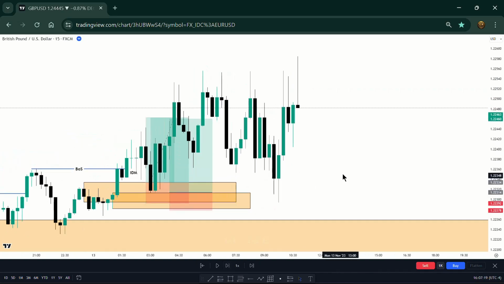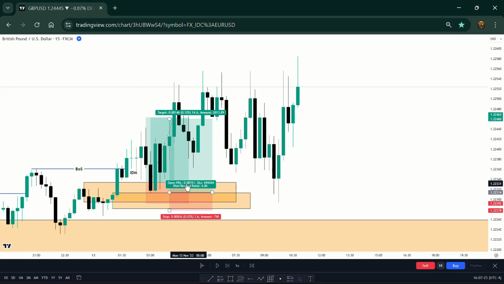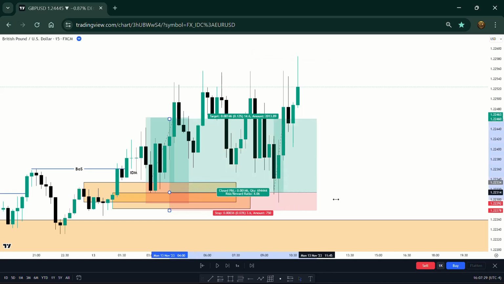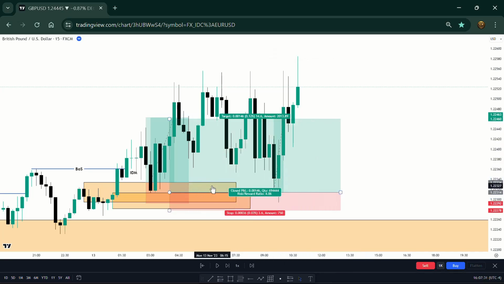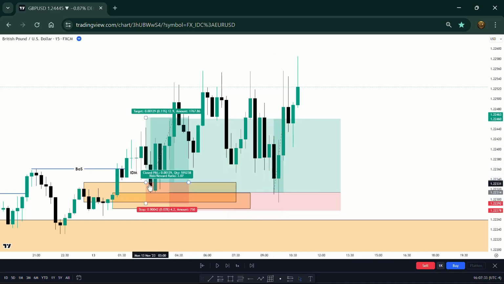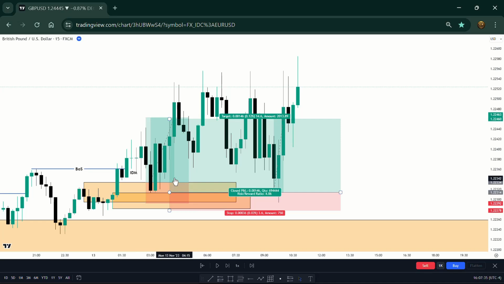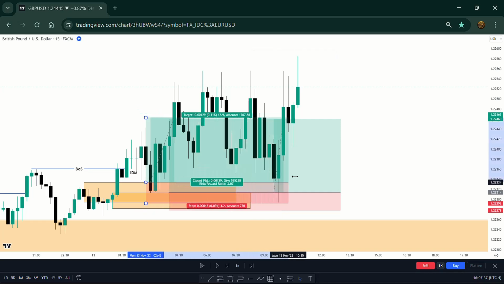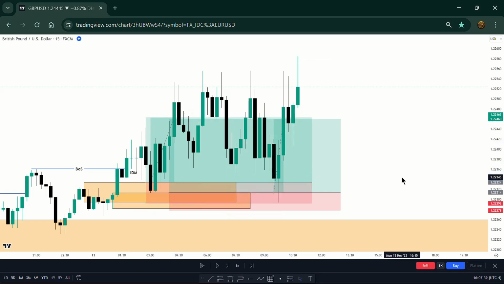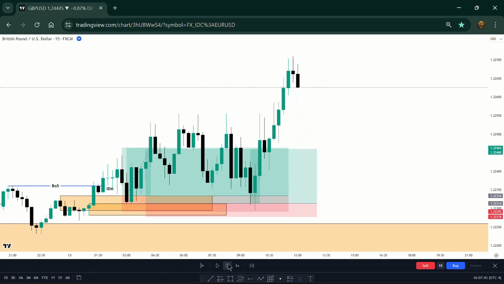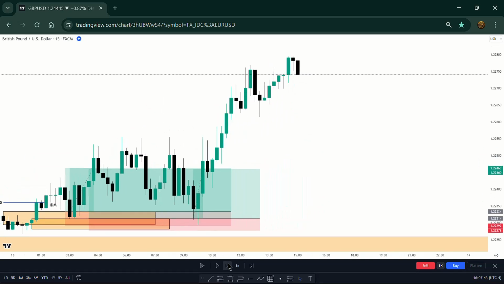Okay, right there. Have we been hit here? Let me remove this. Okay, this one is not hit. I want to see if this one was hit. Okay, no, not hit. Okay, so let's move.